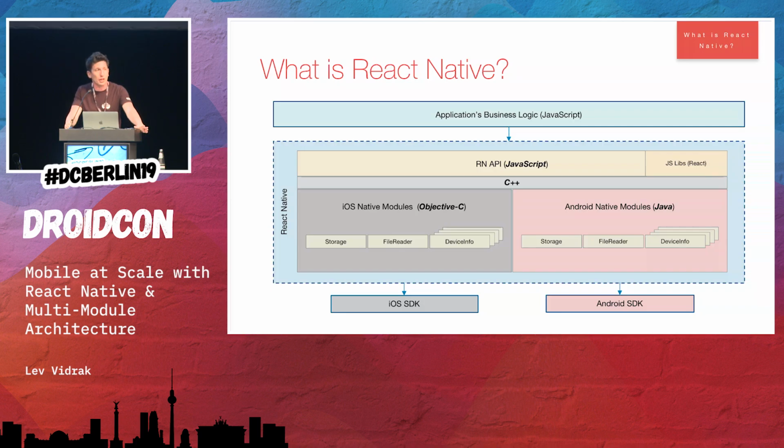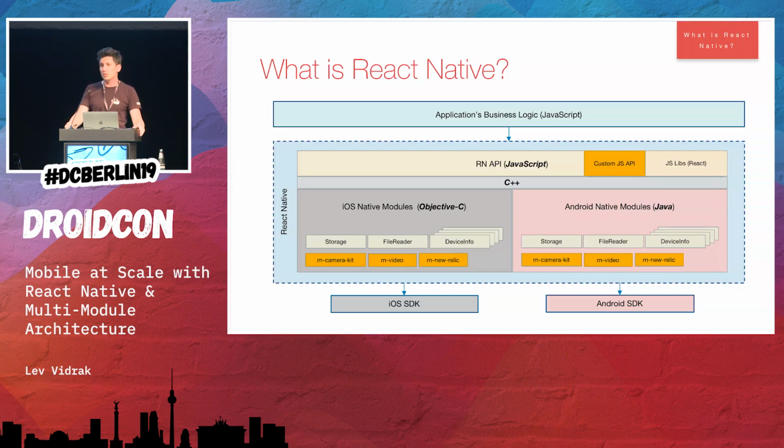For example, notifications are not covered in React Native out of the box. Same with all the work with the camera and other stuff. But React Native is an extendable framework, meaning we can implement our own native modules in Java and Objective-C or Swift or Kotlin, whatever, and add some JavaScript API to expose this functionality to the business logic layer.